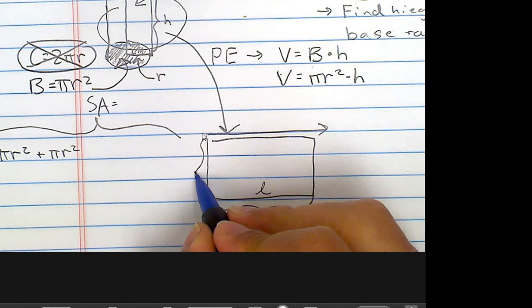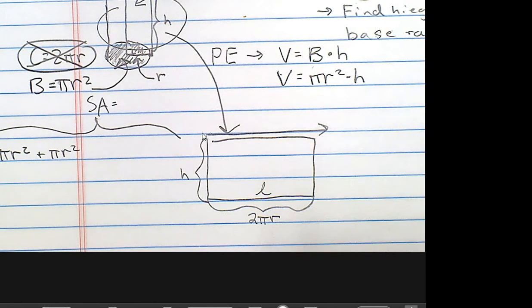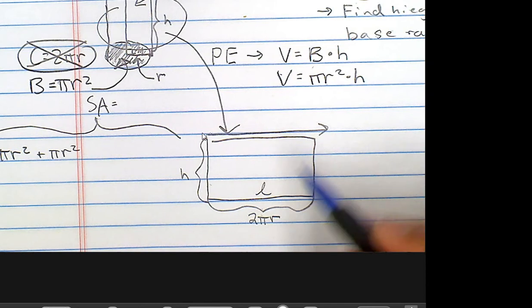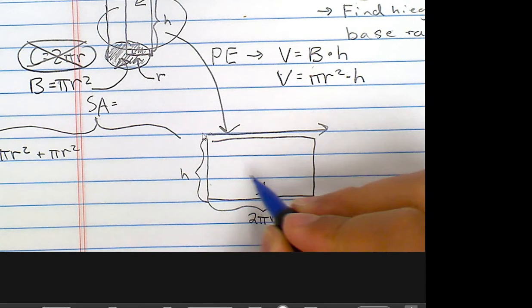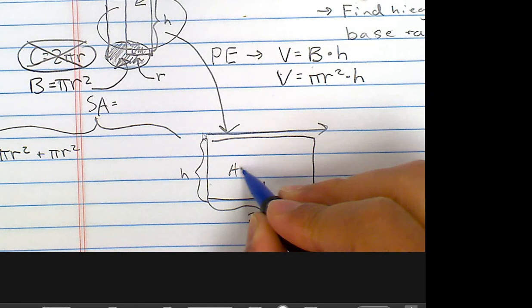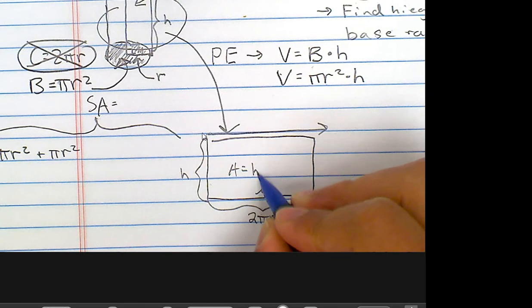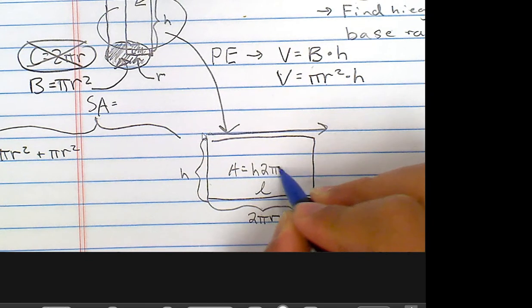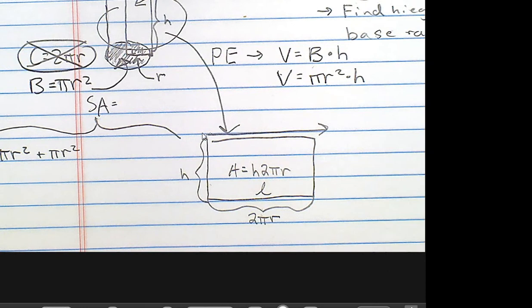Did you add that on or multiply the height? Well, how do I find the area of a rectangle? Length times width. And so the area of this rollout is h times 2 pi r, or 2 pi r h. Now how many of these do I have? Just one.